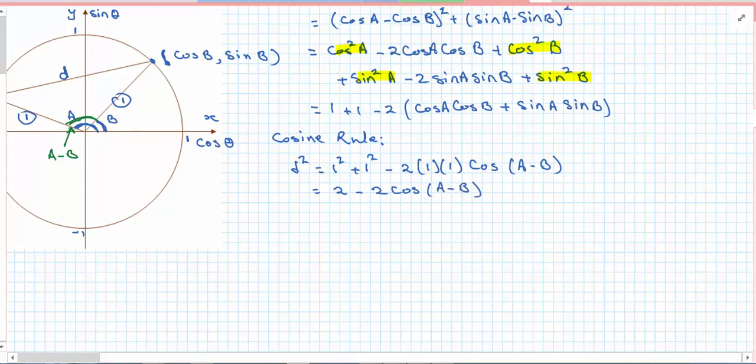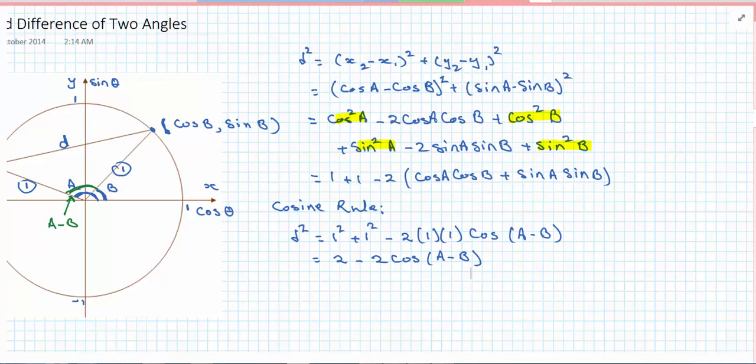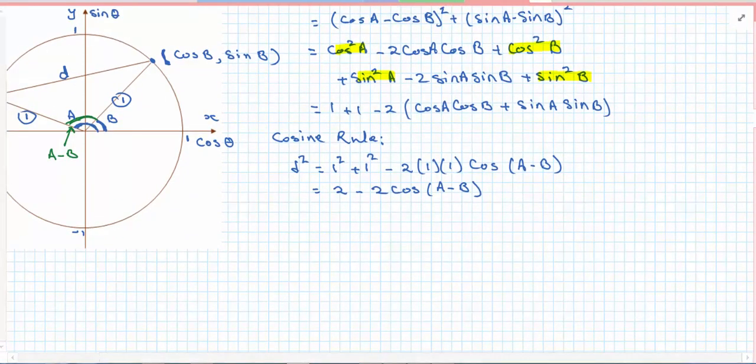Okay, so I have an equation for D squared from the cosine rule, and I have an equation for D squared from the distance formula. Here's one equation, here's the other one.